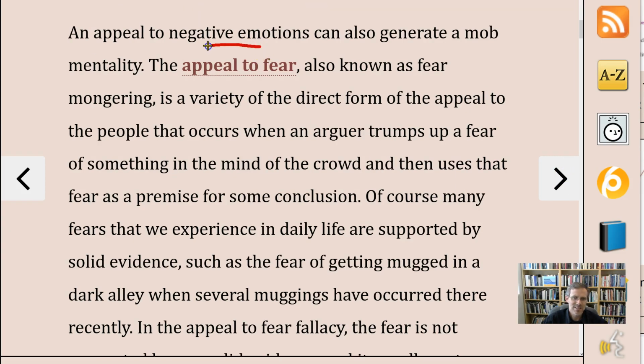Hurley includes in the direct appeals ad populum the appeal to fear. In some ways, it's sort of a strange place to put the appeal to fear, because appeals to fear are not always appeals to a group as a whole, which the fallacy of ad populum also implies.